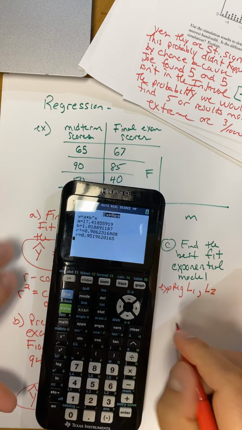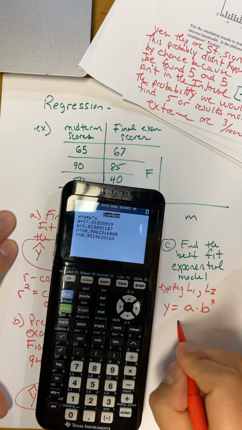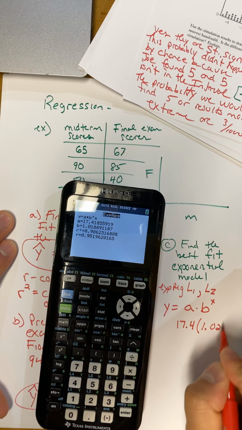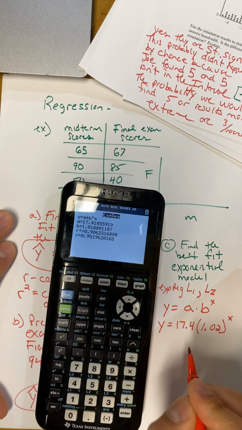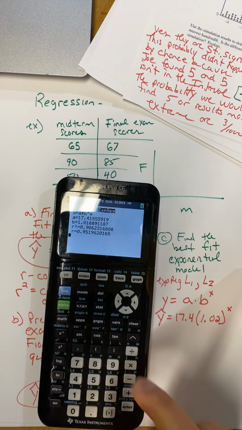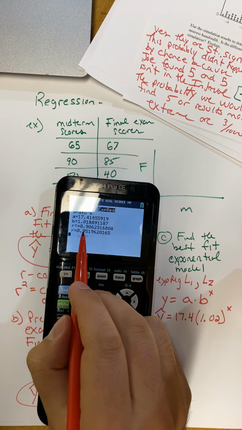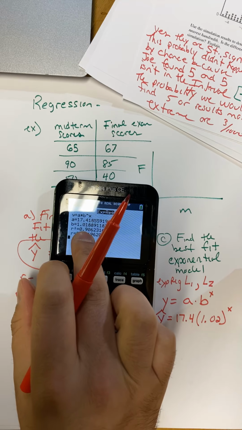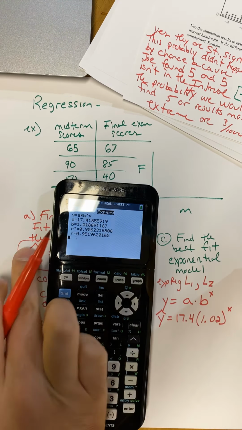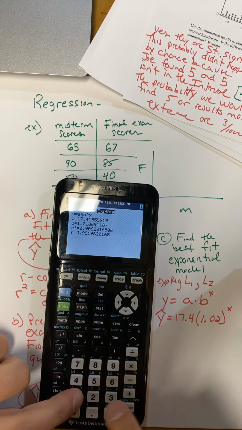So this says y equals a times b to the x. A is 17.4 times 1.02 to the x. Maybe this model predicts it better than the linear model. My r squared is higher. No, my r squared is lower. It's still pretty good though, but my r squared is lower.